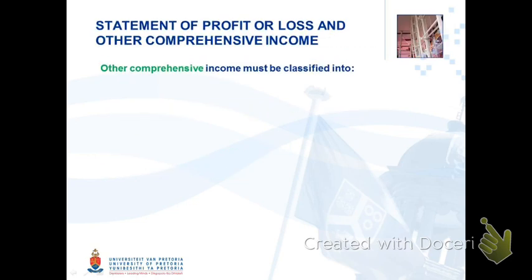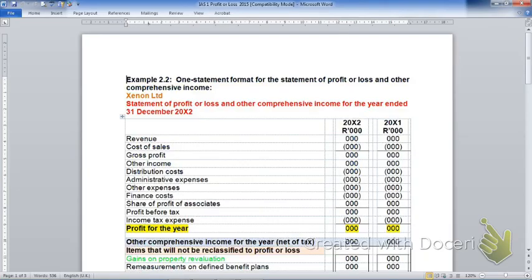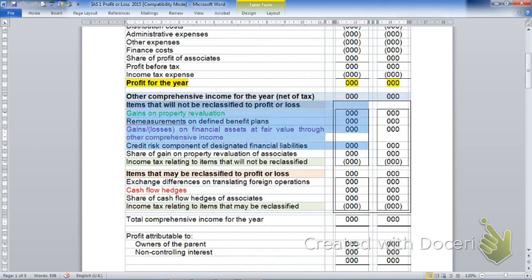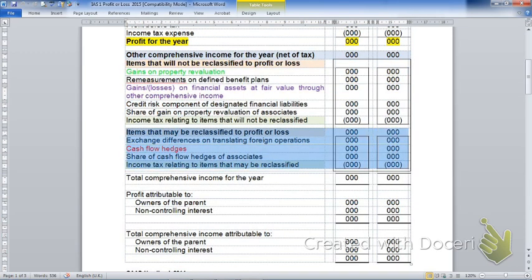Now, your other comprehensive income must be classified into, firstly, items that will not be reclassified to profit or loss, or, secondly, items that may be reclassified to profit or loss. The example there: we have our other comprehensive income for the year, and then the items not to be reclassified to profit and loss, or the second one, items that may be reclassified to profit or loss.